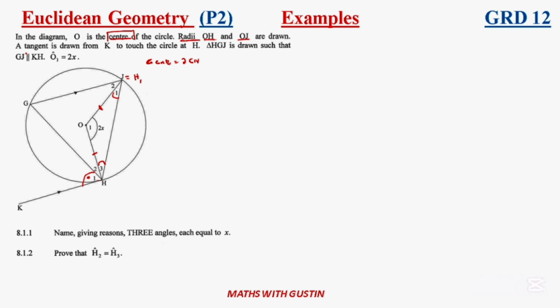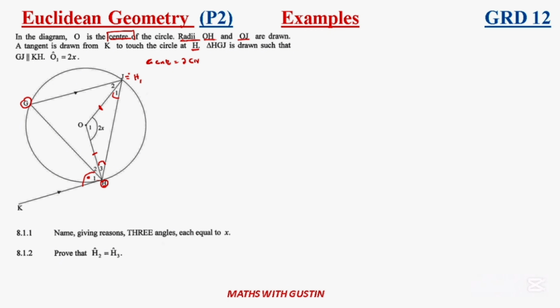And then they said a tangent is drawn from K to touch the circle at H. So because they said that's a tangent, and then they say triangle H. So this is our triangle here, triangle H. I'm just going to circle them.